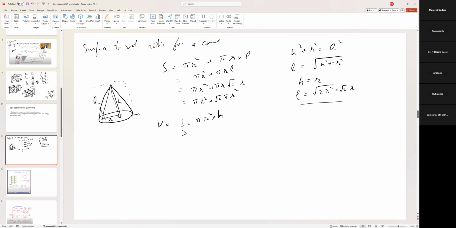Just a tip: whenever you have a cone or a pyramid, its volume is always one third the size of the cube or the fixed form.